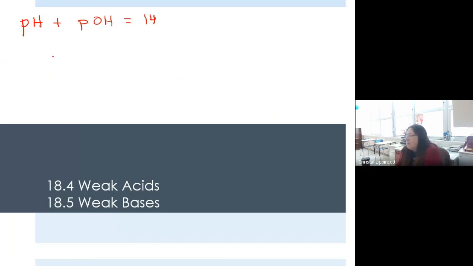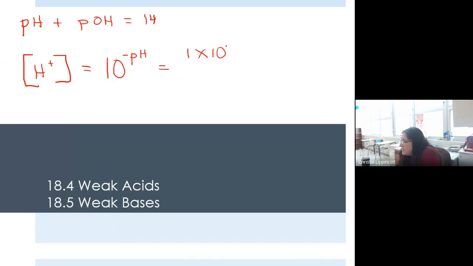So then if I want to get my hydrogen concentration, that's going to be equal to either, and I can do this either way, 10 to the negative pH, or that would equal 1 times 10 to the minus 14 over the hydroxide concentration.